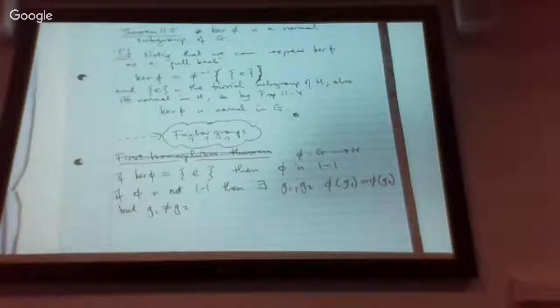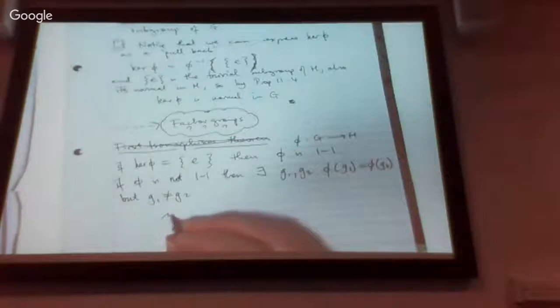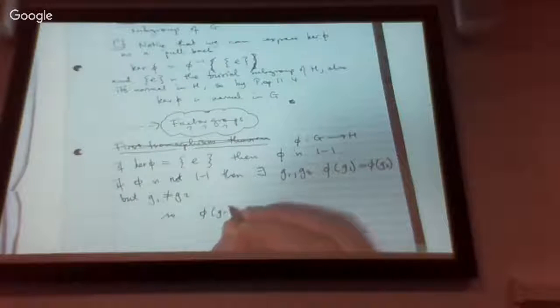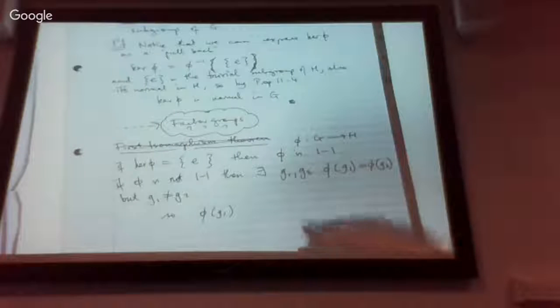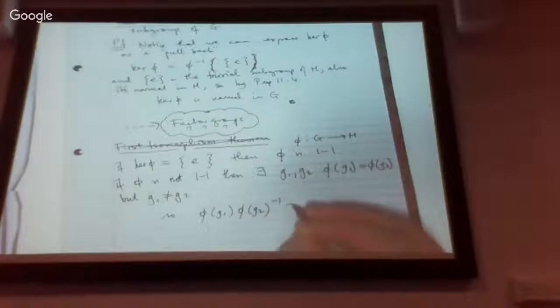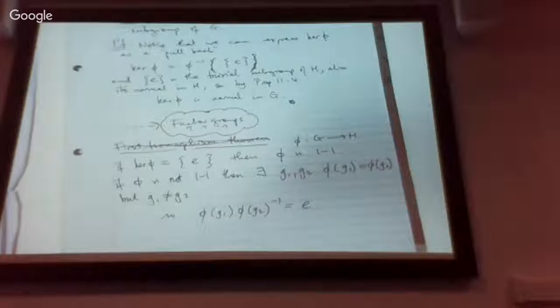And so how do we send something to the identity element? We could multiply both sides by the inverse of g2, and we get the identity.